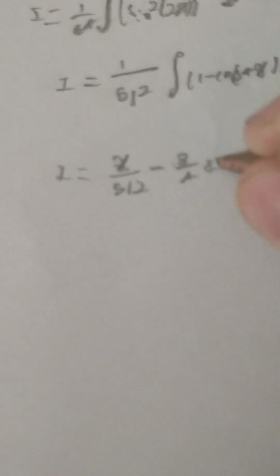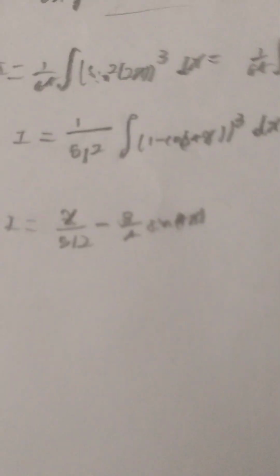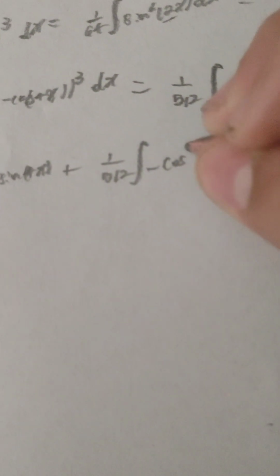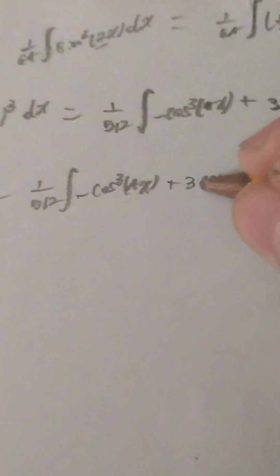The integral of negative 3 cosine of 4x with respect to x is negative 3 sine 4x, but divided by 4 using the u substitution. So x over 512 minus 3/4 sine 4x plus 1 over 512, the integral of negative cos cubed of 4x plus 3 cos squared 4x.